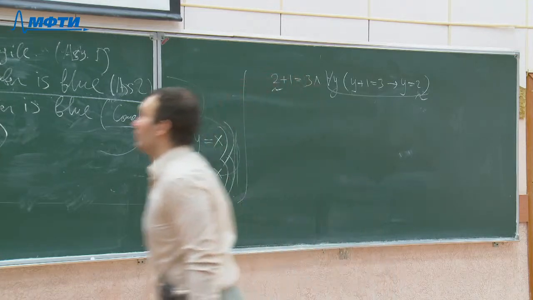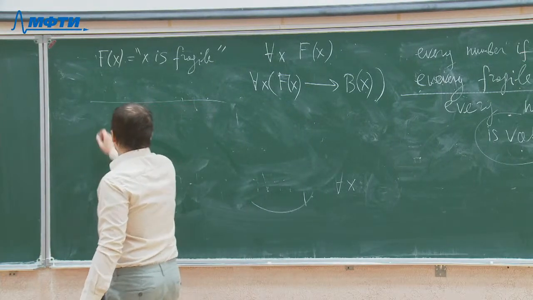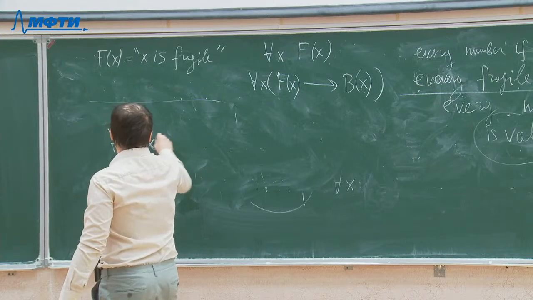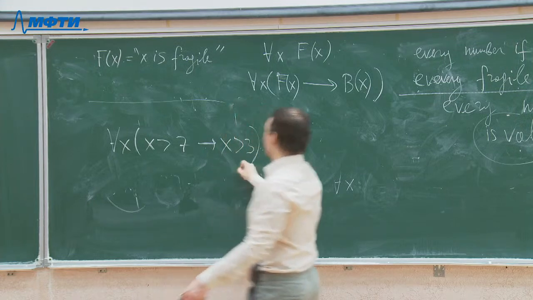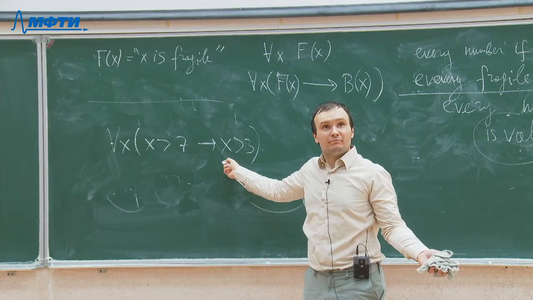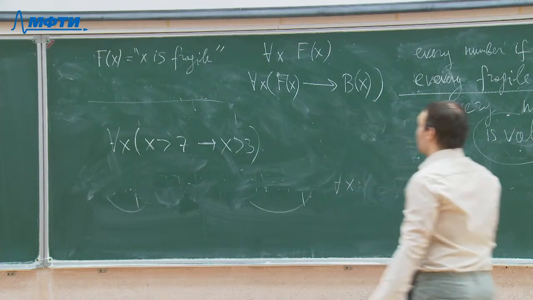How is it possible to translate it into mathematical symbols? For each x, if x is greater than 7, then x is greater than 3. By the way, that's true for natural numbers.